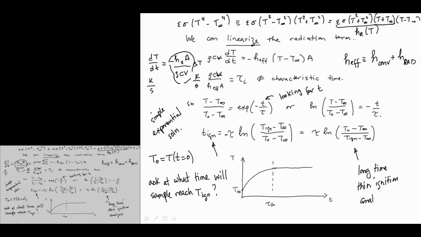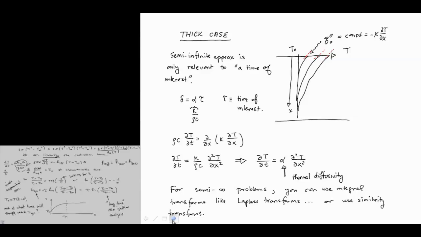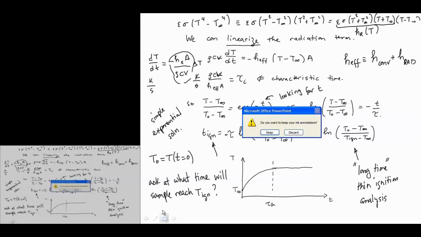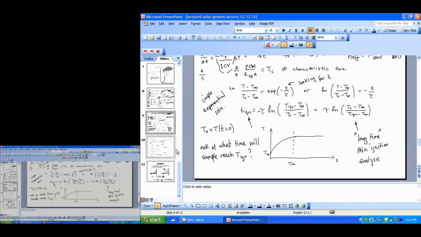The long time here refers to the fact that in this approximation, the convective losses become important. There are problems where the convective losses aren't important, and those are going to be short time. In fact, I'm going to talk about that right now. So let's break out of this for a second. So let's do an insert.